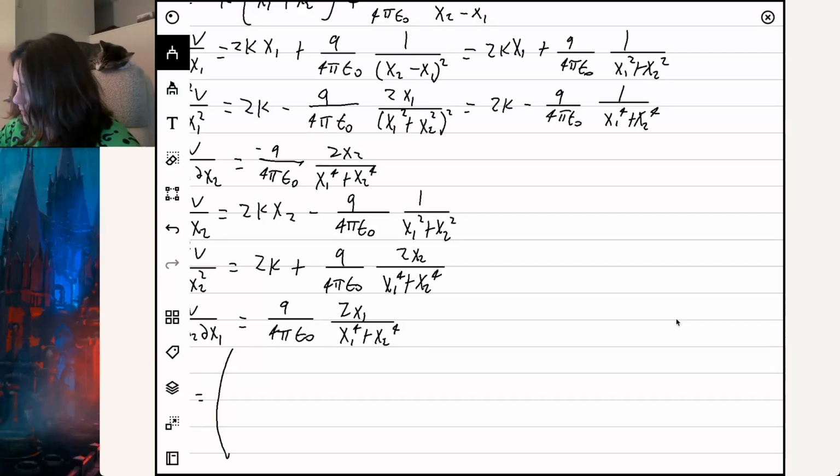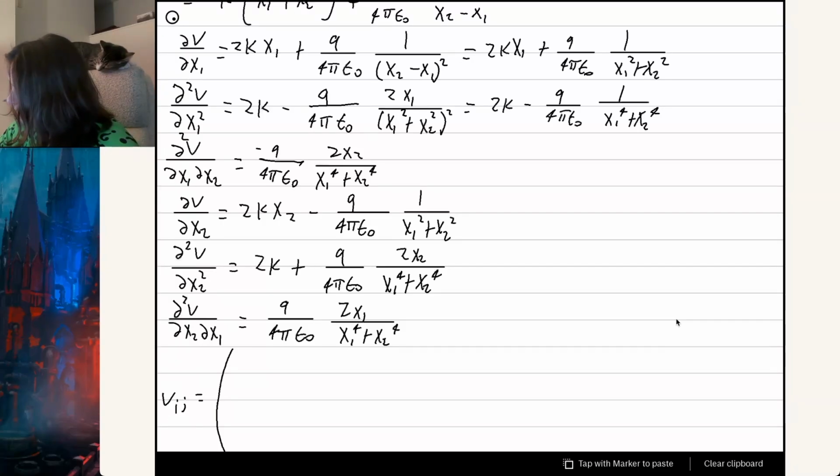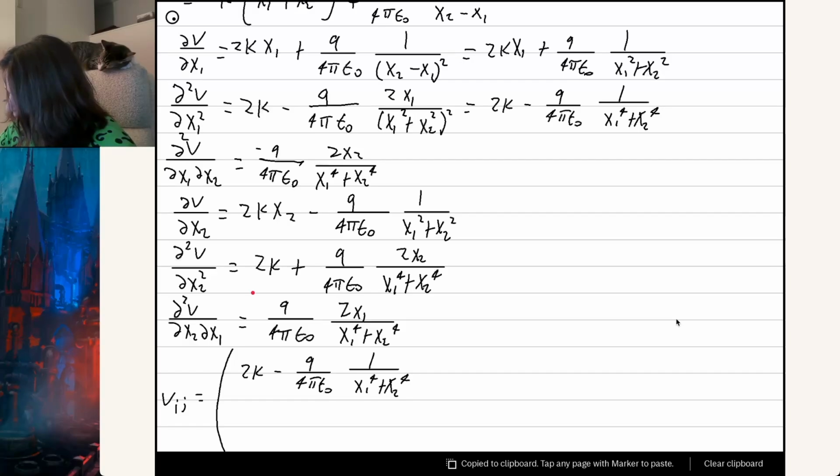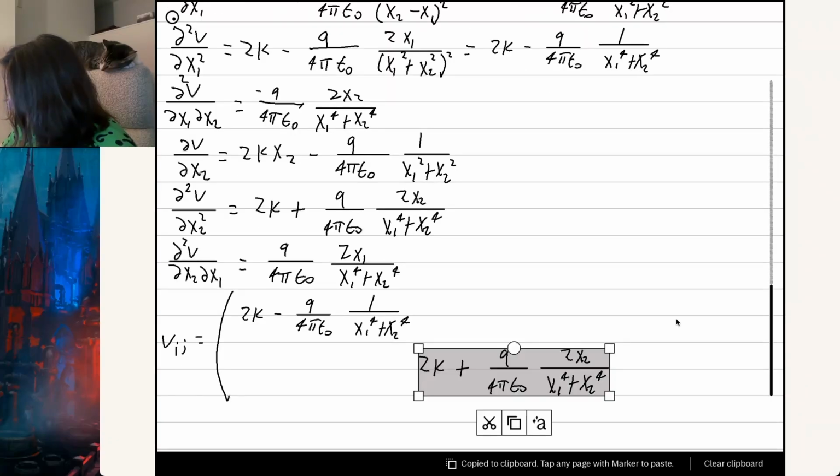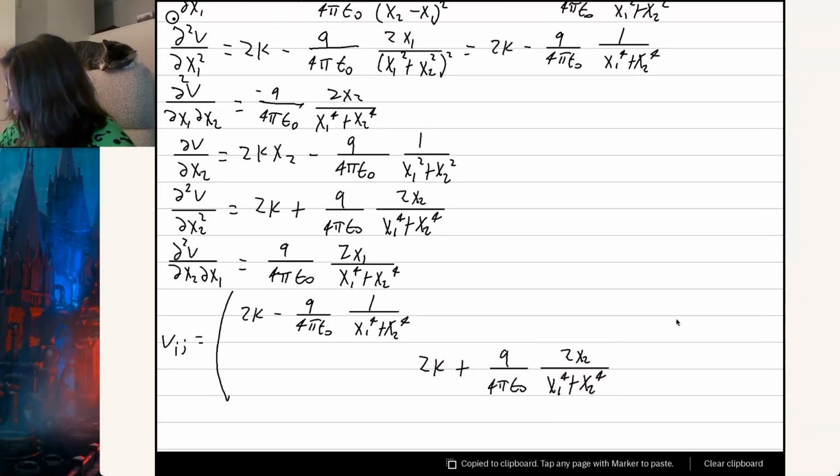I am just going to copy everything down and move it, though. That one. And this one. Both of the diagonal terms have factors of 2k, but the cross terms do not, which is funny.